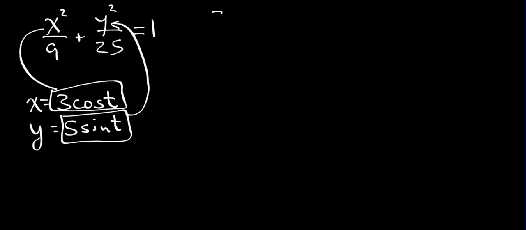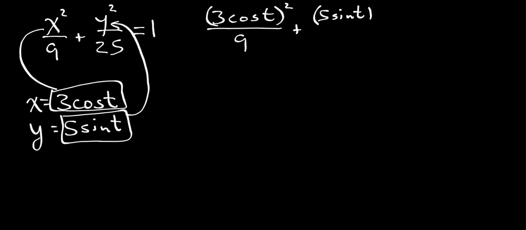In for x, let's put in a 3 cosine t. And you can see why I chose 3, square root of 9, right? So when I square 3, it's going to cancel out with the 9 on the bottom. Okay, let's look at this one. We've got 5 sine t over 25 equals 1.